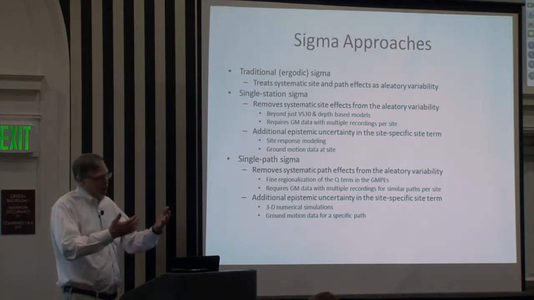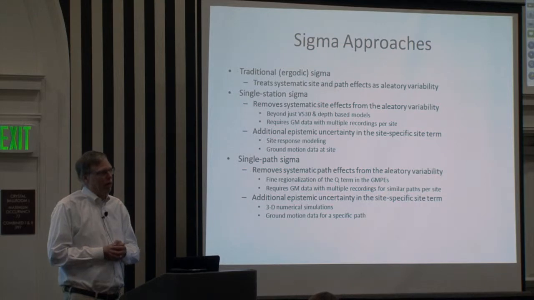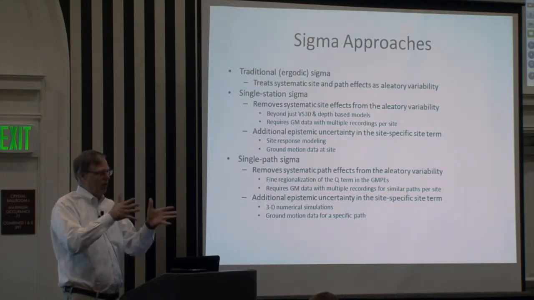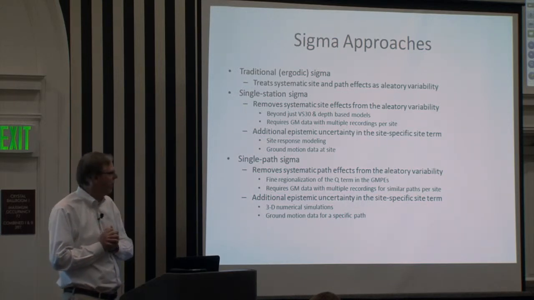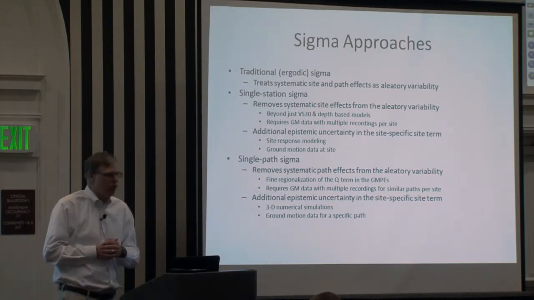Okay, so when we do that, we would take that then out of our ground motion model. If you want to think of it as our ground motion model now, every site has its own special term attached to it. So that reduces the variability because we now fit the data better. And we call that our single station sigma.